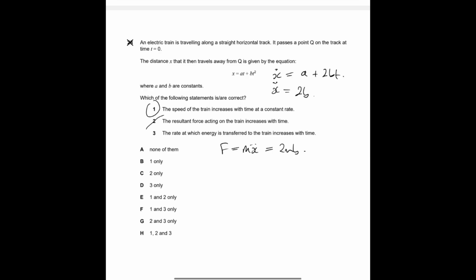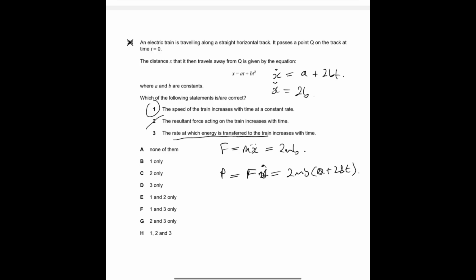Then the rate at which energy is transferred to the train increases with time. So the rate at which energy is transferred to the train means the power at which the work is delivered. It's going to be the net force times the velocity, because they're in the same direction. 2mb, sorry, that should be x differentiated once, times a plus 2bt.